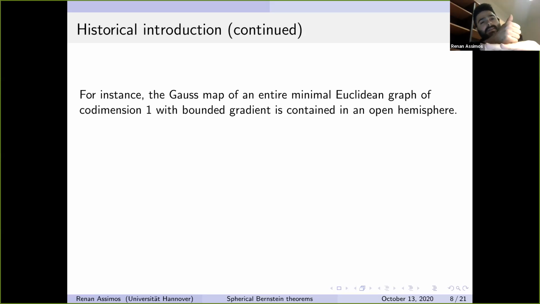So if I look at the normal Gauss map of some hypersurface, here's the tangent space at a point of my surface. If my surface is a plane, this means that my Gauss map is constant. It doesn't vary. So somehow proving a Bernstein theorem is proving that the Gauss map of your hypersurface is constant. Okay.